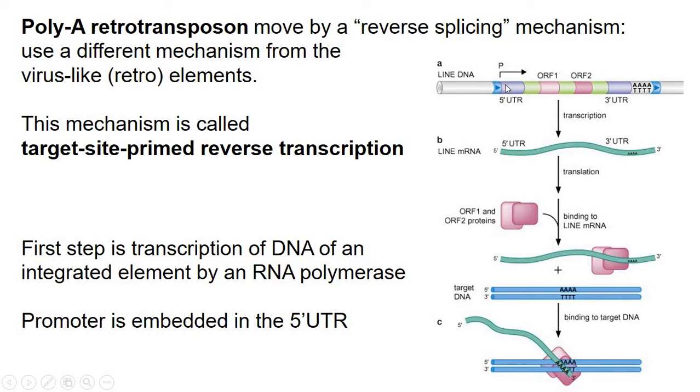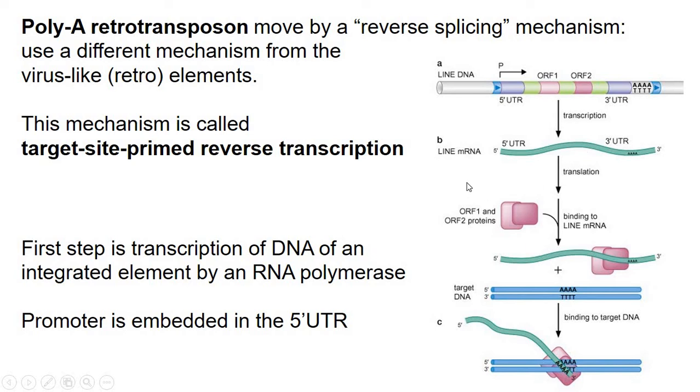The promoter is embedded in the 5' UTR, so that's where this transcription will start. So here you see that it's a different mechanism, in that the DNA is transcribed into mRNA first.